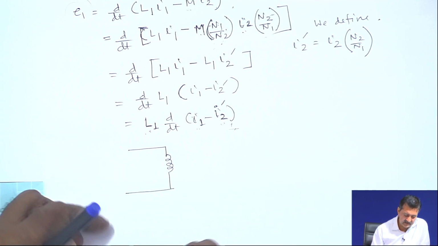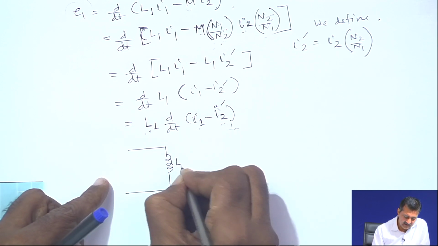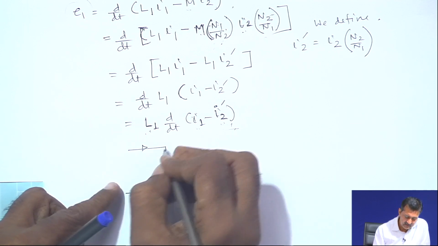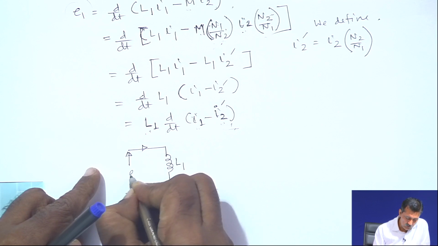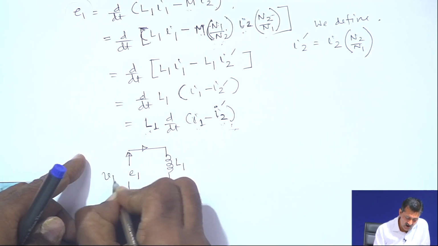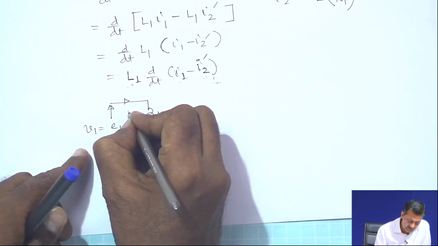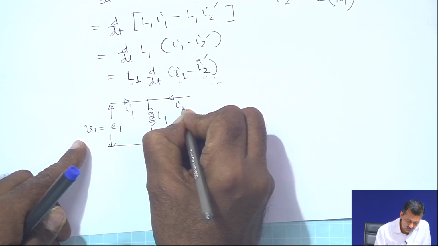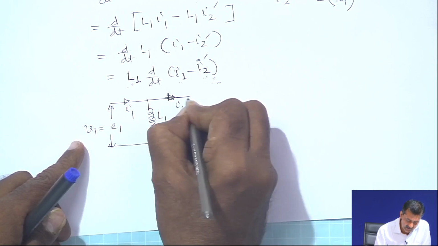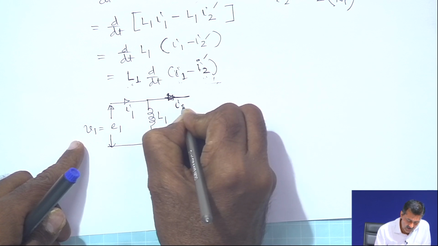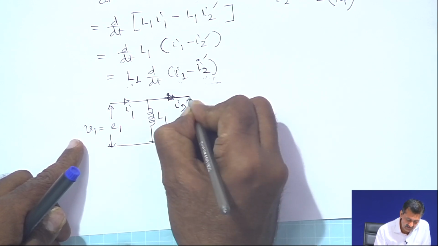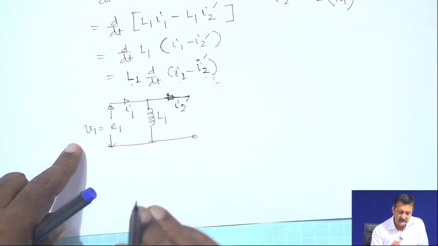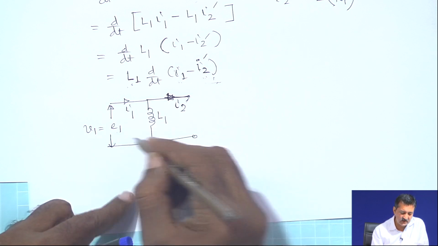There is an inductor L 1 and there is a voltage U 1, which happens to be equal to V 1 in this case, and there is a current I 1 and there is a current I 2 dash, and that is what is equal to V 1. So, this transformer equivalent circuit in this case is essentially this one.